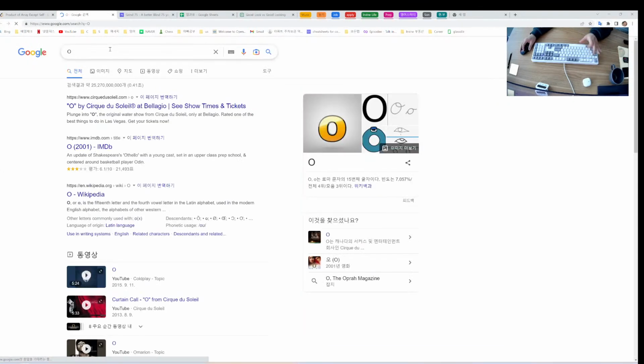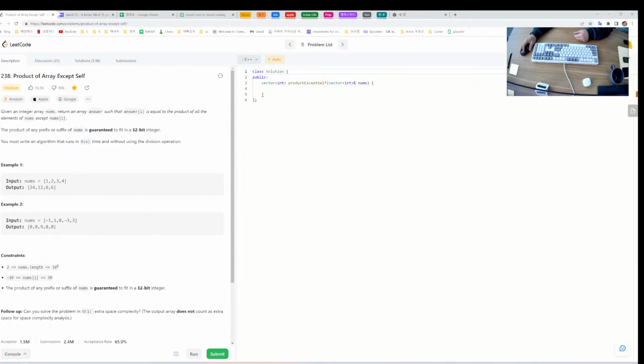You must write an algorithm that runs in O(n) time and without using the division operation. So I cannot write the division operation. In this case, 2 times 3 is 6, times 4 is 24, that is the answer.